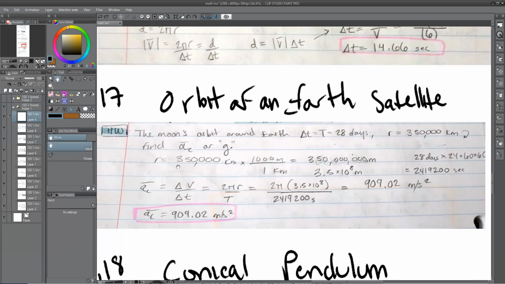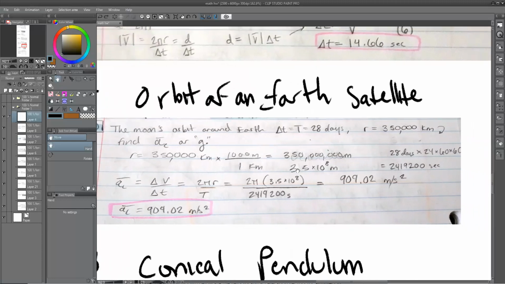So the first thing we do is literally just convert the kilometers to meters, and then we also convert 28 days to seconds to get the units to work out in our equation. So we know that there's 1,000 meters in a kilometer. We convert it to 3.5 times 10 to the power of 8 meters. That's a lot of meters.